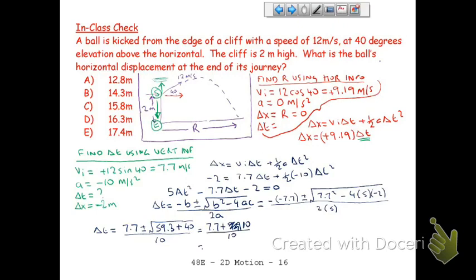And this also equals 7.7 minus 10 over 10. Which equals 1.7 seconds, and this equals minus 0.23 seconds.